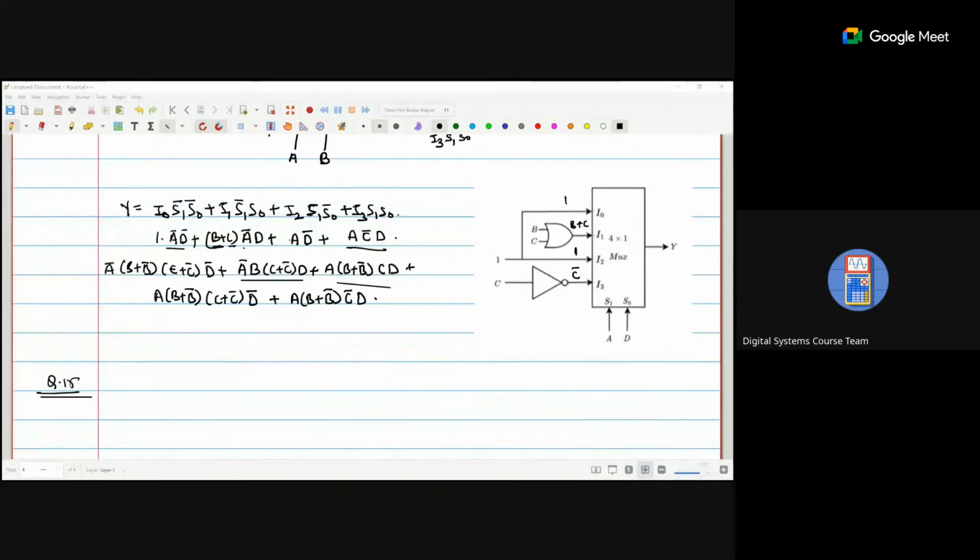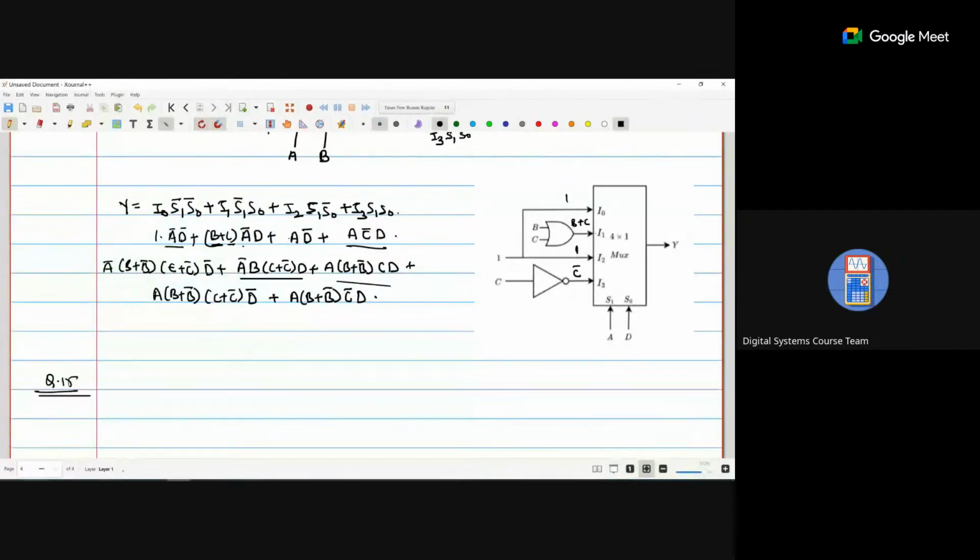Yes, students, should I move forward? Okay.